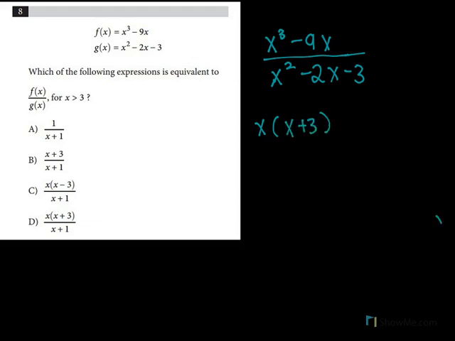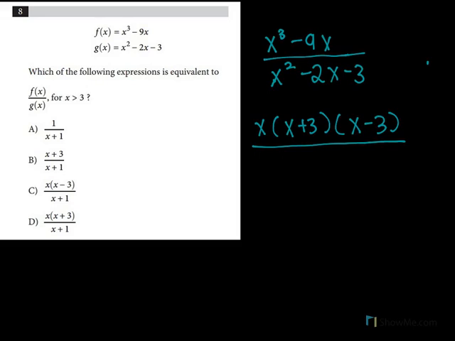So we can factor that into x times x plus 3 times x minus 3. This, in fact, is equivalent to x cubed minus 9x because x plus 3 times x minus 3 would just be x squared minus 9. So, if we add the x to the outside, we would be multiplying x squared minus 9 by x, so we would have x cubed minus 9x.